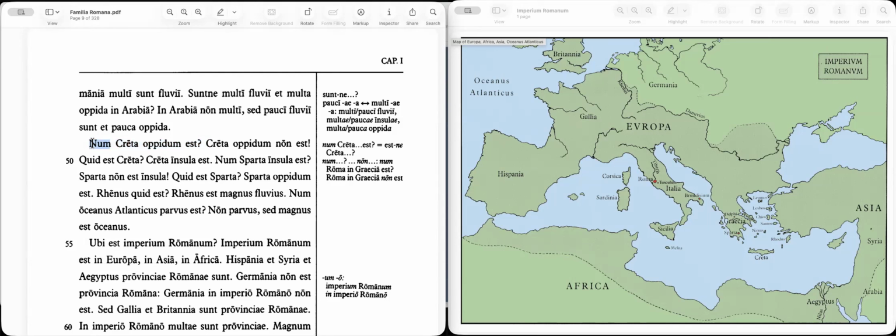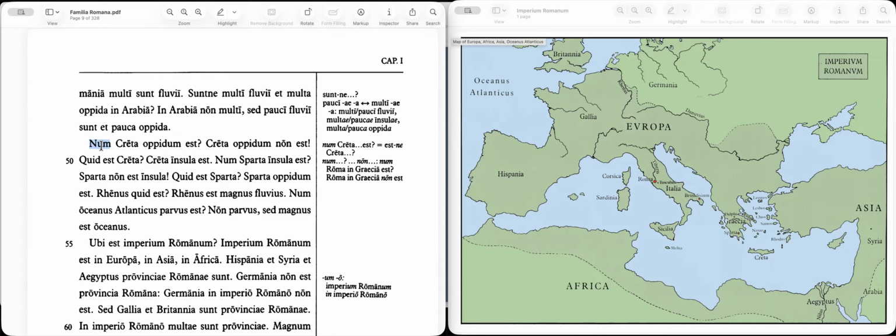The best way, perhaps, to translate this is Crete. Sometimes my Latin leaks into my English. Crete isn't a city, is it?